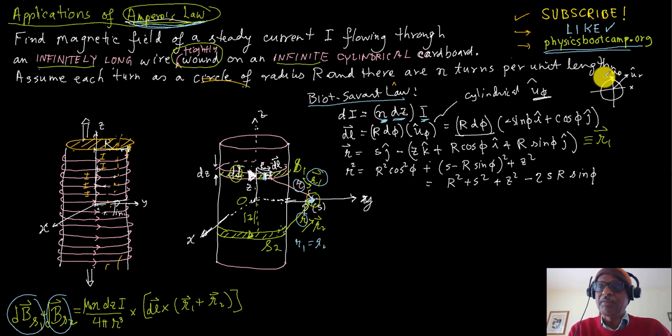At the x-axis over here, u hat phi is this way, and over there u hat phi is that way. We have encountered this unit vector before, so you can write that in terms of i hat and j hat. The r from here to here will be r of that minus r of that, so this minus that.